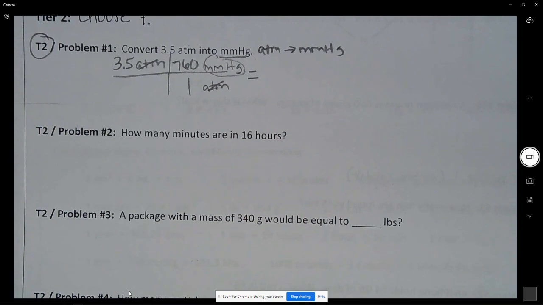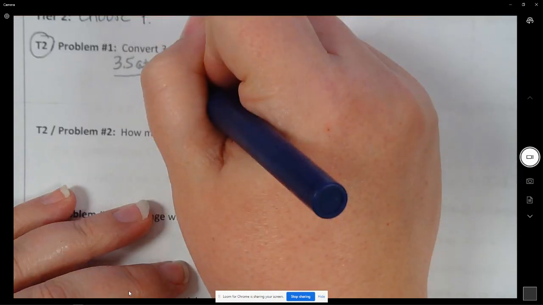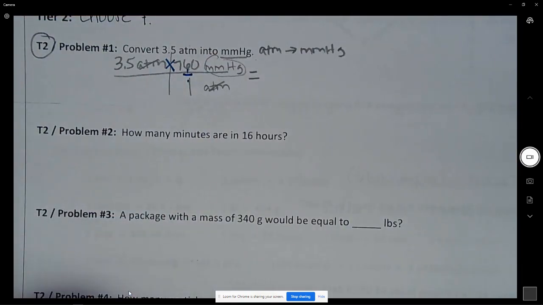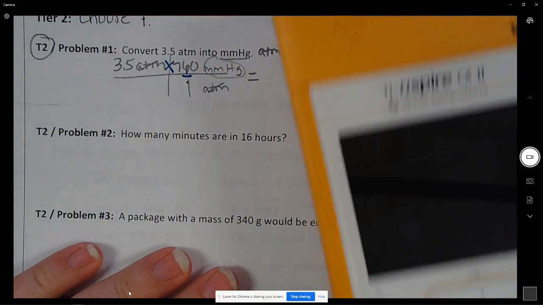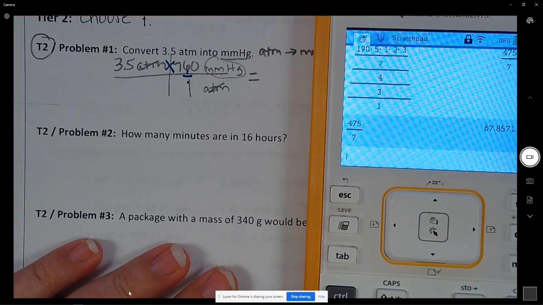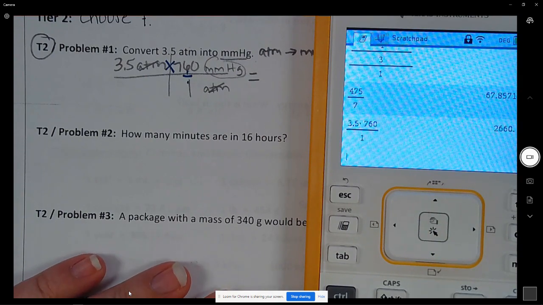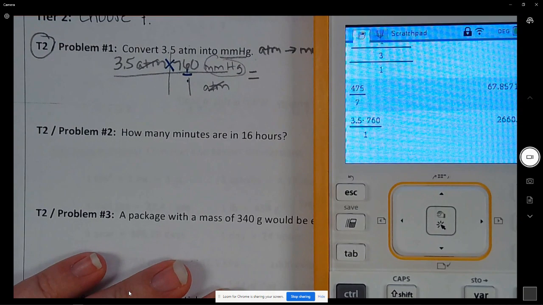So remember, numbers on top, you multiply each number on top, and you divide by each number on bottom. So when we put this in our calculator, we're going to do 3.5 times 760, divide by 1, because that's what's on the bottom, and this is the answer we get.